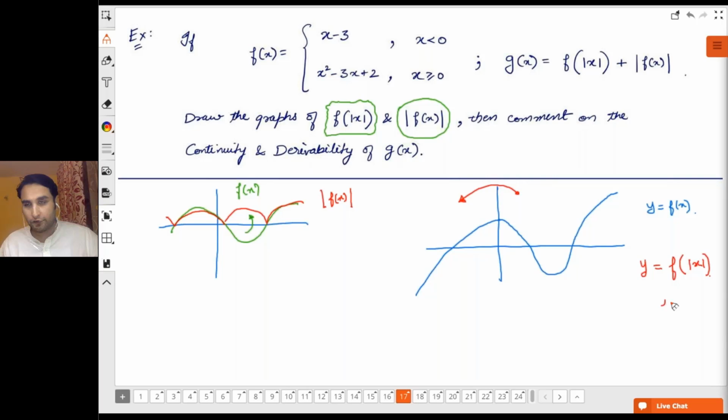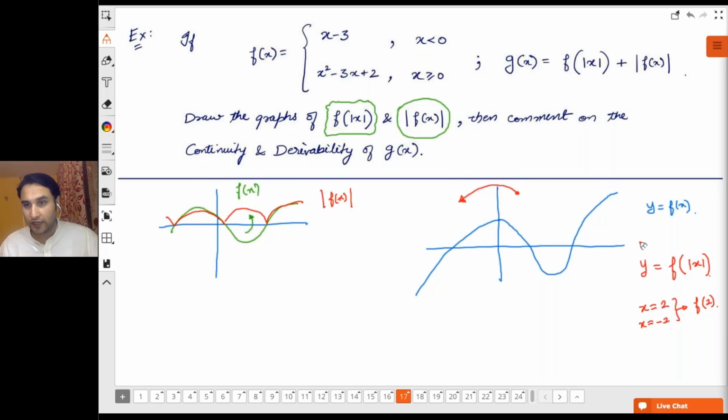Because f of 2, look, even if you put x is equal to 2 and x is equal to -2, both will give the same value of the function, which is f of 2. If you put x is equal to 2, it is f of 2. If you put x is equal to -2, it will still behave like 2. So whatever is happening on the positive side of the x-axis, exactly replicate the same graph on the negative side.